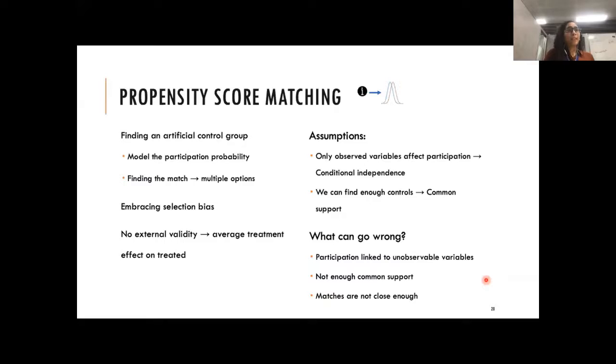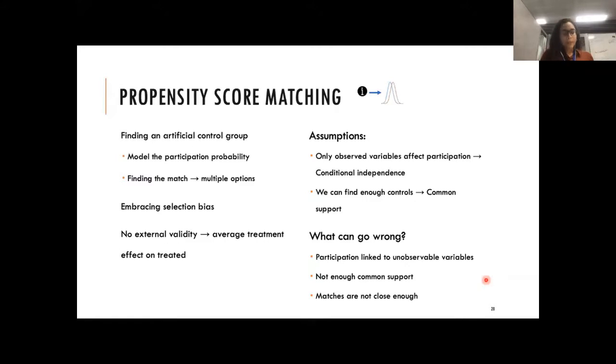Another problem is that the treatment group can be really different from the control group, so there is not enough common support. For example, with conditional cash transfers, if they are only allocated to the poorest part of the population, we may find that we don't have people in the control group who are as deprived as those in the treatment group.